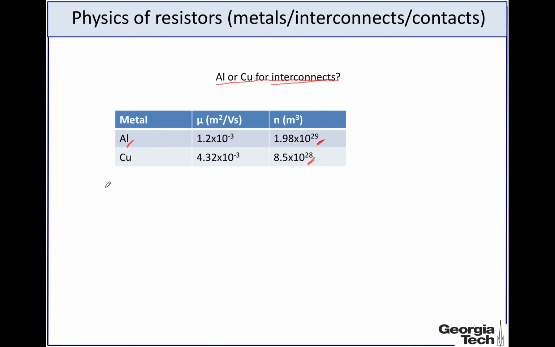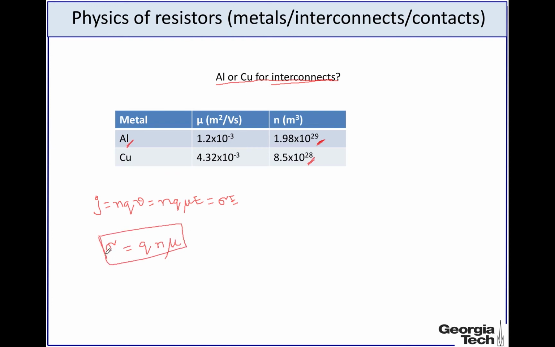So what is conductivity? We have seen already that J equals NQV and V equals mu E. So J equals NQ mu E, and this is again J equals sigma E. So sigma equals Q N mu.